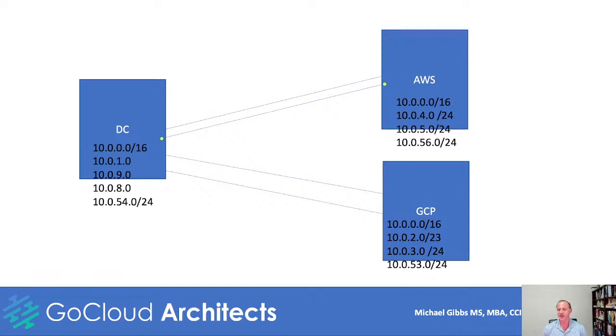Can AWS say, I have everything from 10.0.0.0 all the way to 10.0.255.255? Can my data center say, hey everybody, I own 10.0.0.0/16? Can I do that, or do I have a problem? Because everybody's using the same aggregate range. So the only thing I can do here is now send every single subnet everywhere to everybody.